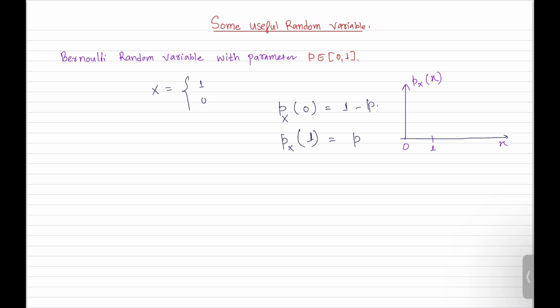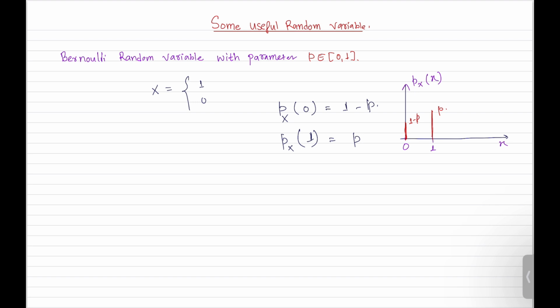These are the two possible values that the random variable can take, and it is taking 0 with the probability 1 minus p, and the random variable will take the value 1 with the probability p, right?